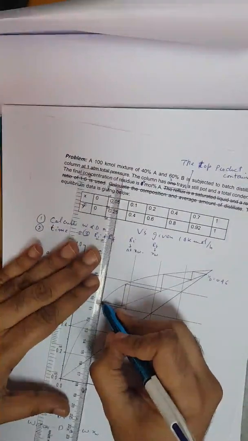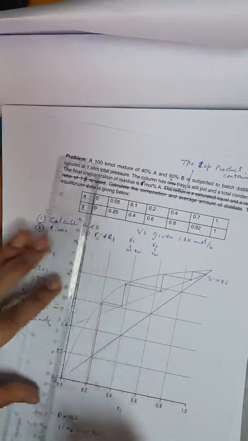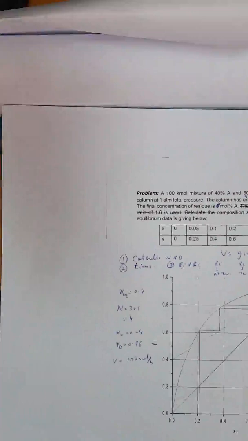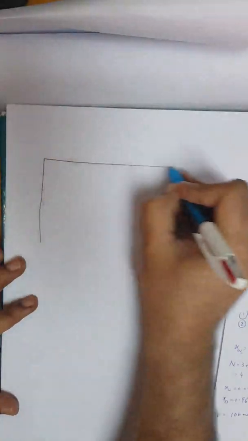See, my guess is wrong. So what you need to do is, don't throw this data, because we need to find time. For finding time, you need a lot of data points. So we have to make, again like case 1, a table.